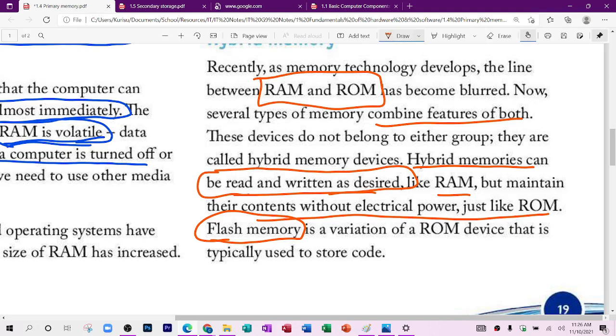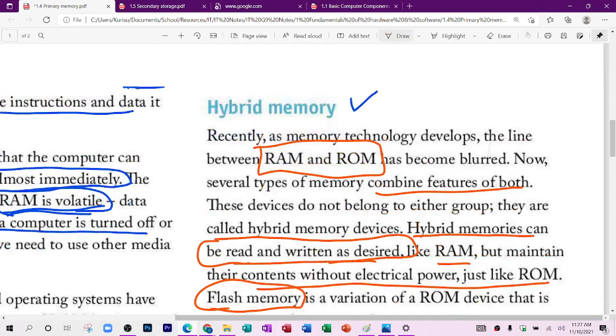ROM doesn't allow you to do that. ROM is actually a one-time thing. Once you put data on ROM, that is it. You can't remove it anymore, depending on the type of ROM. So that's the disadvantage of ROM. But what they did, they took the advantage of ROM, and that was it being non-volatile.